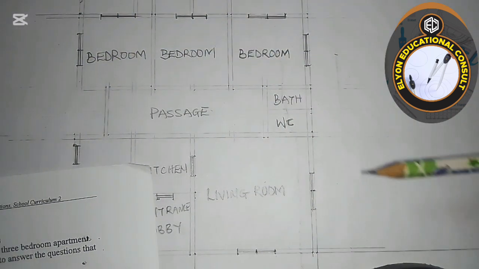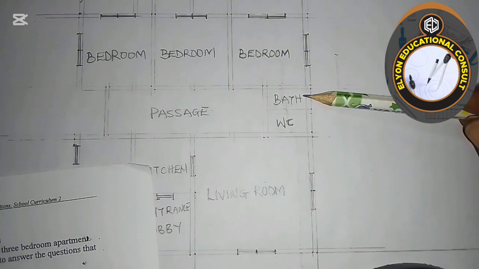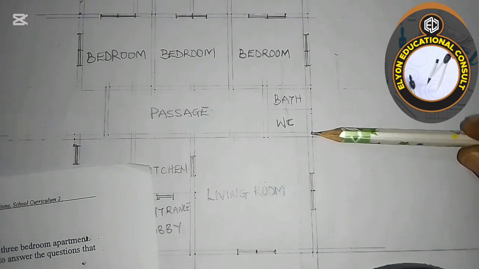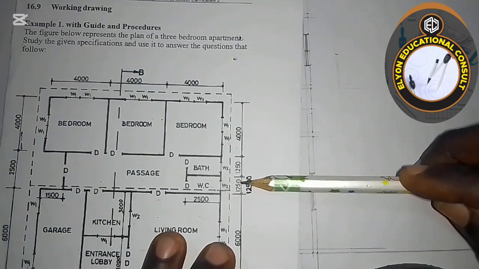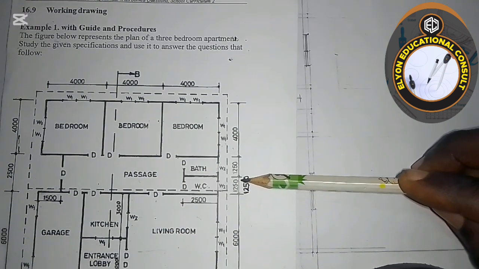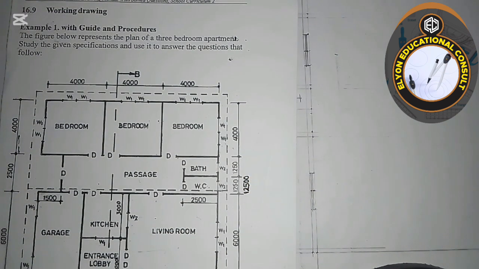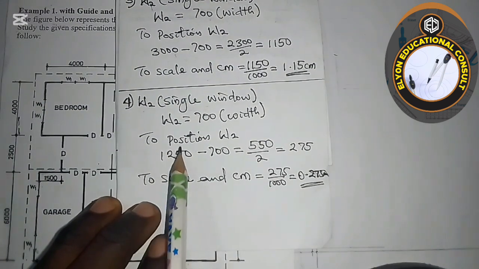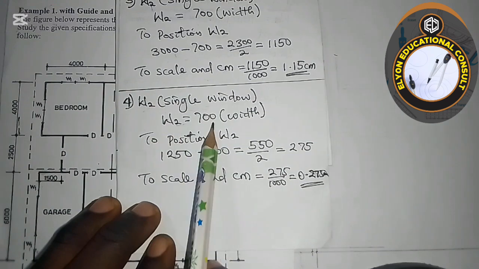So I said I'm going to explain this part now. For this part, the same procedure, there is nothing strange there. We are given this side as 1250. This is W2. The width for W2 is 700.